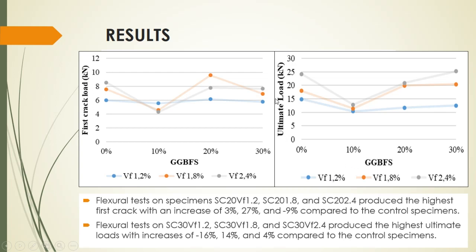Next, the ultimate load, the highest is this 30% GGBFS with VF 2.4% with increase, this is minus 16%, 40%, and 4% compared to the control specimen.